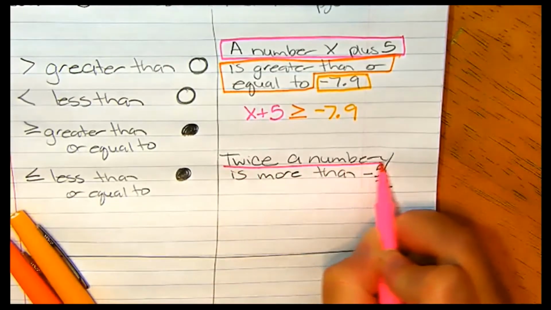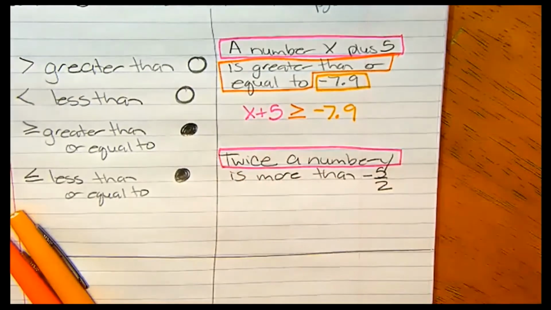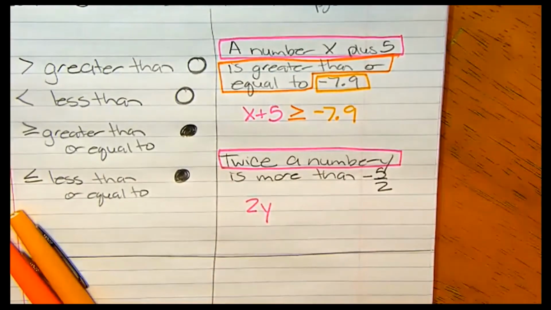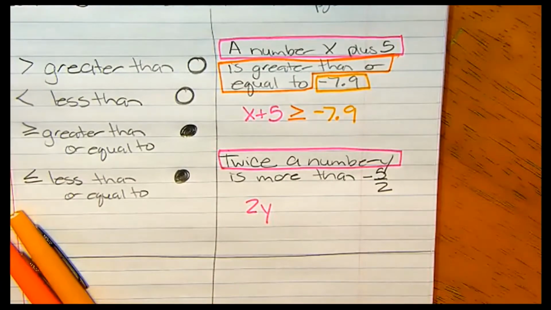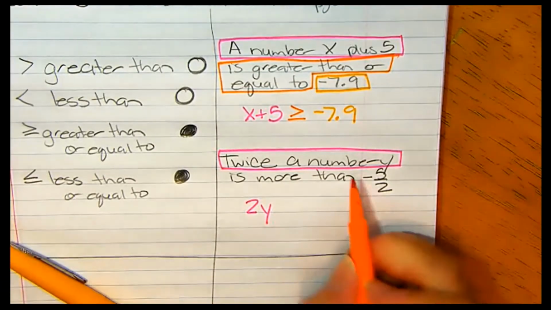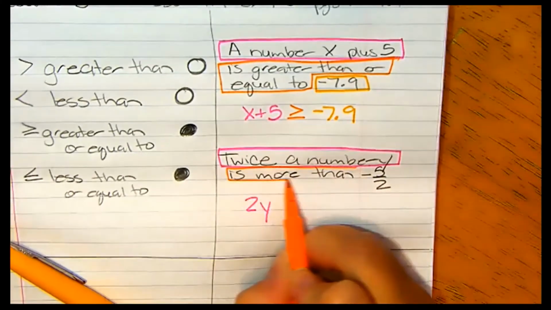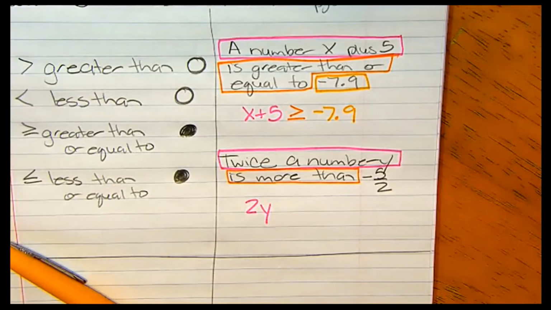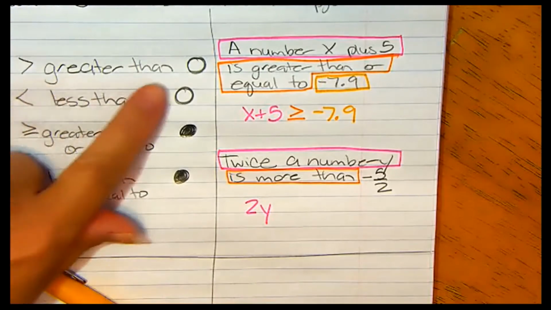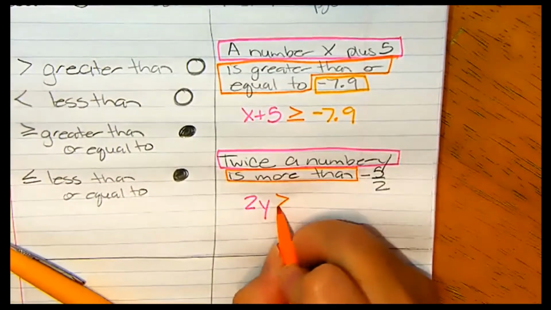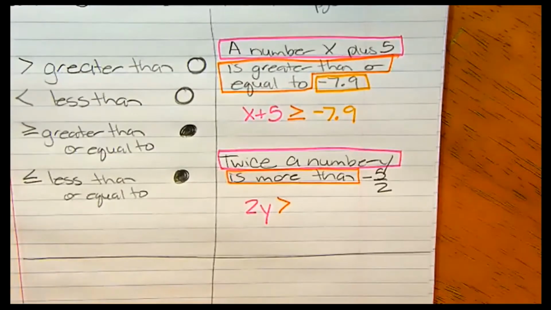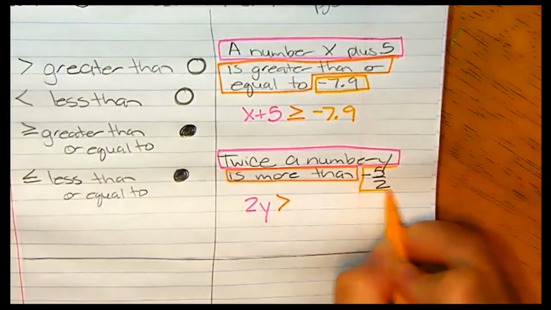So twice a number y means 2 times y is more than. It doesn't say equal to. It says is more than. So is more than is greater than right here. Negative 5/2.